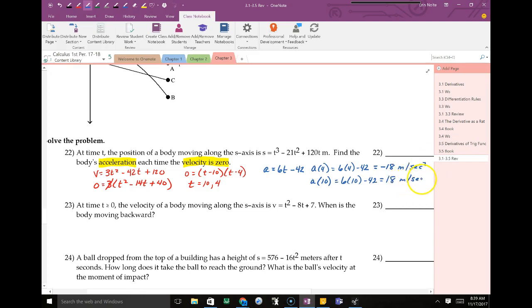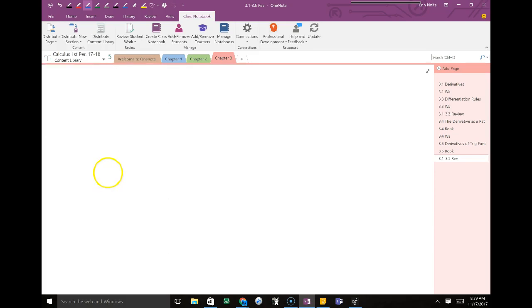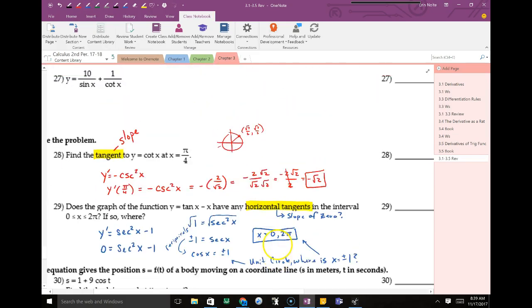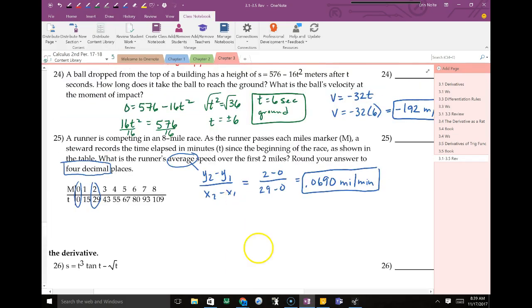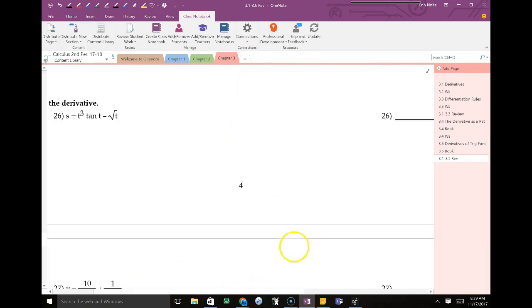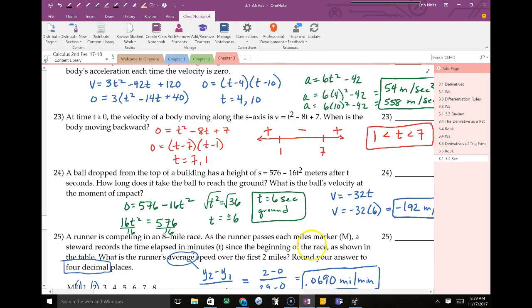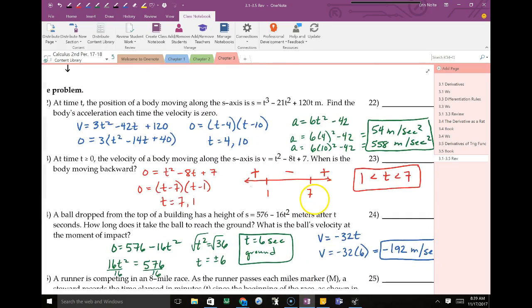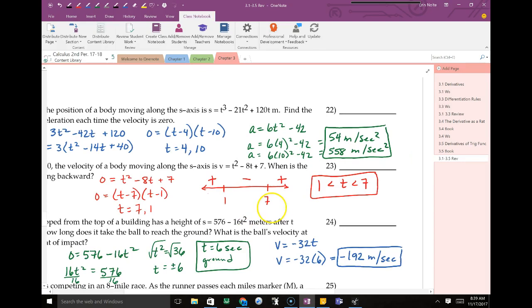So those of you guys that were sitting with me earlier today, did you guys catch my mistake? I think I had a t squared in there. Let's see what I did. Where is that question? Oh, yeah, it's meters per second squared. That's what I did wrong.